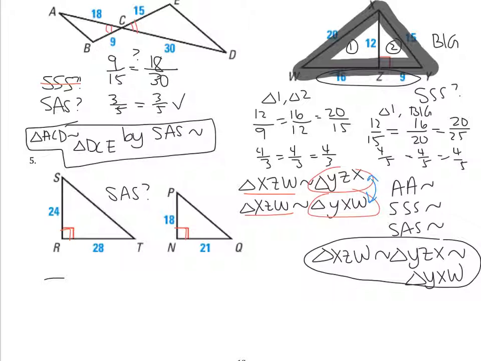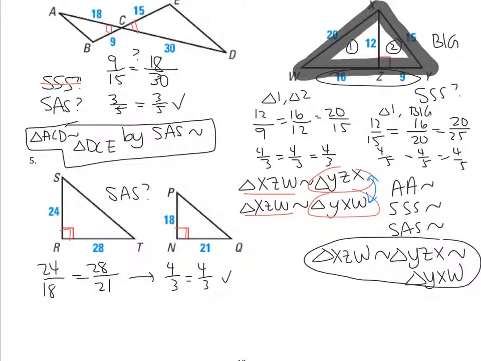The triangle on the left has sides of 24 and 28. The triangle on the right has 18 and 21. 18 is the smaller one, and 21 is the bigger side. Now, 24 over 18, I can divide both of those by 6, and I get 4 over 3. 28 over 21, I can divide both by 7, and I get 4 over 3.